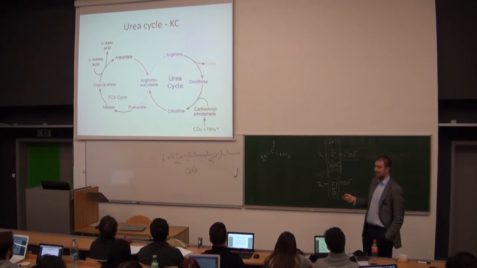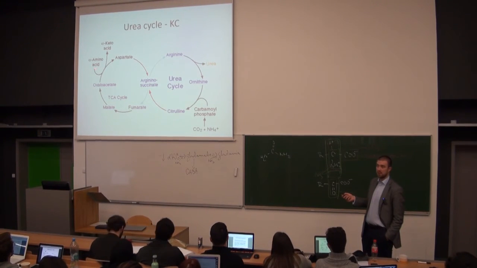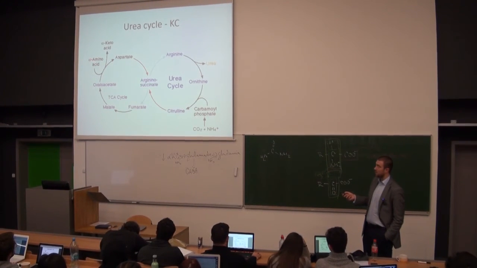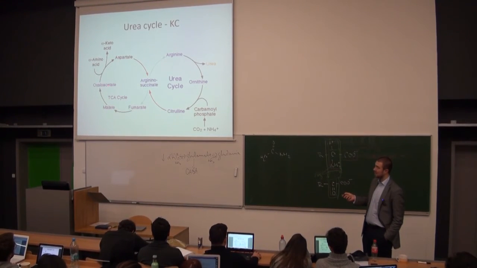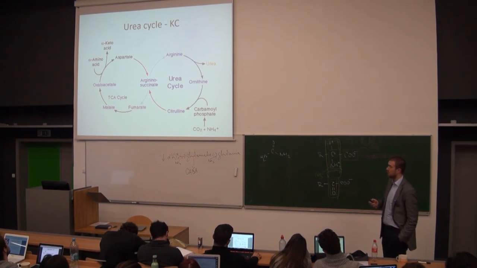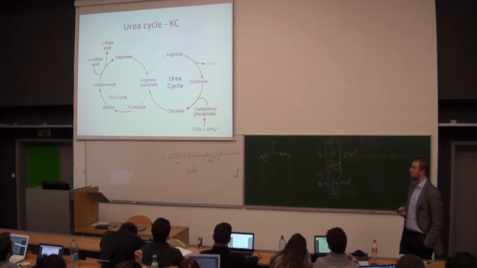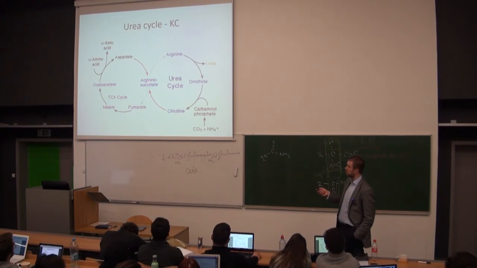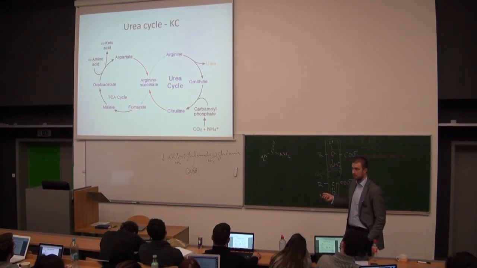It's from oxaloacetate, and the enzyme is called AST, aspartate aminotransferase. You take oxaloacetate plus glutamate, and the glutamate gives its amino group to the oxaloacetate, forming aspartate, and here you have alpha-ketoglutarate. Then the aspartate joins the citrulline molecule, forming arginosuccinate. And in the next reaction, where you release arginine, you also release fumarate.